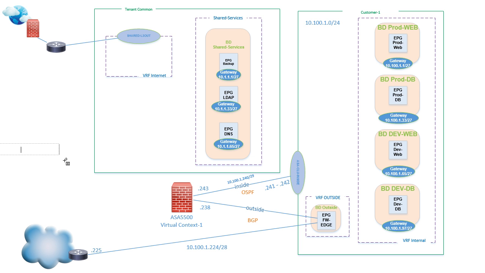Let's get some AS numbers. So we'll use AS 65101 for the ASA, and we're going to use AS, let's pick 777 for the MPLS connection.